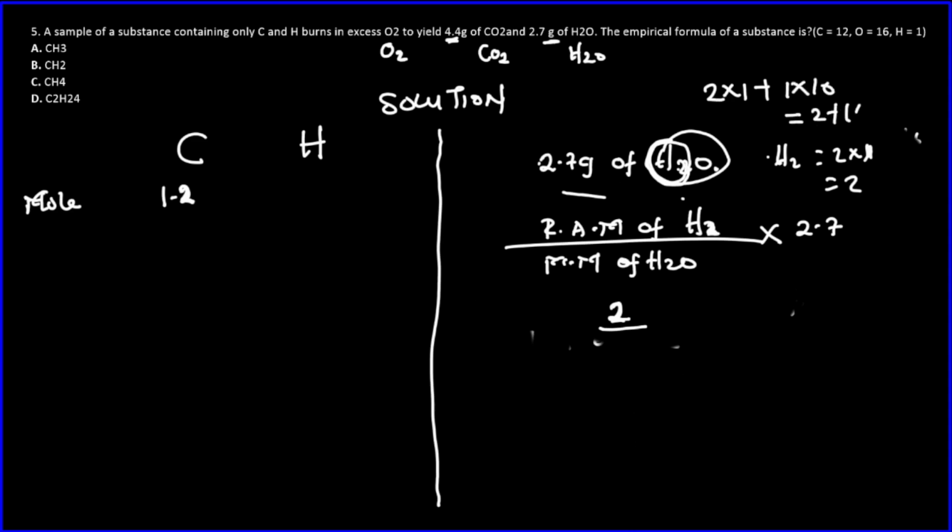That's 2 plus 16, which gives us 18. So 18 times 2.7 gives us the mass of hydrogen, H2, in H2O. So 2 divided by 18 times 2.7 gives 0.3 grams.